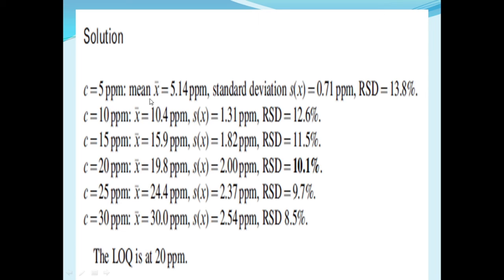They also calculate the mean x bar for each concentration: 5.14 ppm, 10.4 ppm, 15.9 ppm, 19.8 ppm, 24.4 ppm, and 13.0 ppm. Also calculate the standard deviation for each concentration: 0.71, 1.31 ppm, 1.82, 2.0, 2.37, and 2.55.